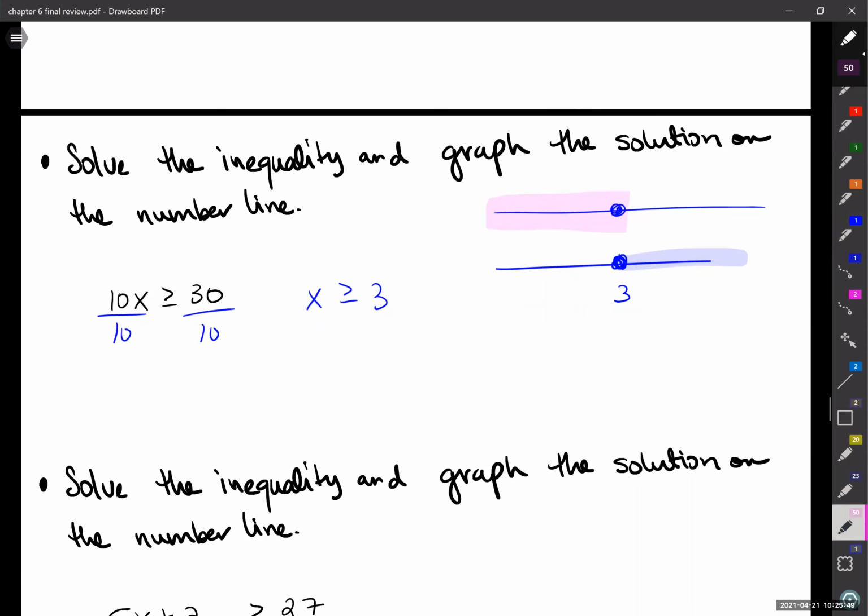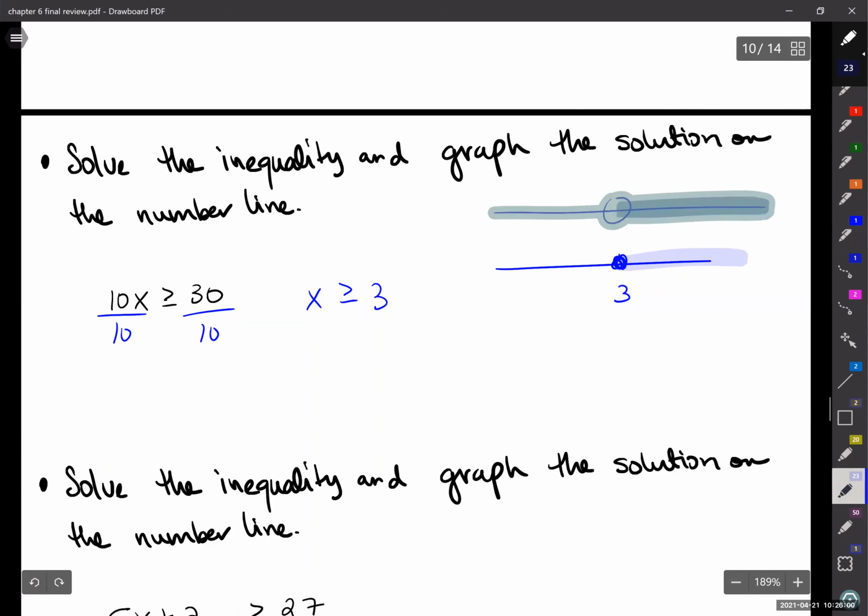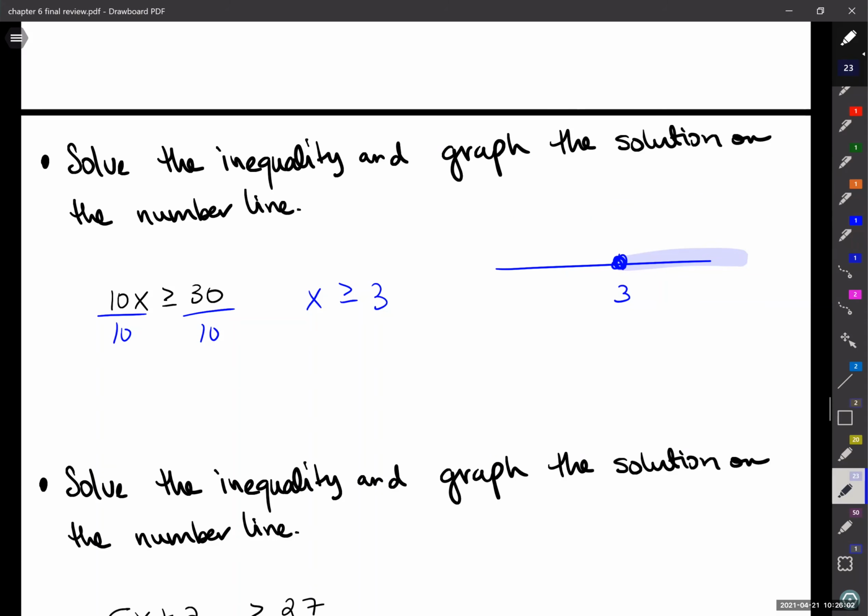We wouldn't want to mistake that. And we could also have the option this, which is almost correct, right? Except it doesn't have the solid circle.